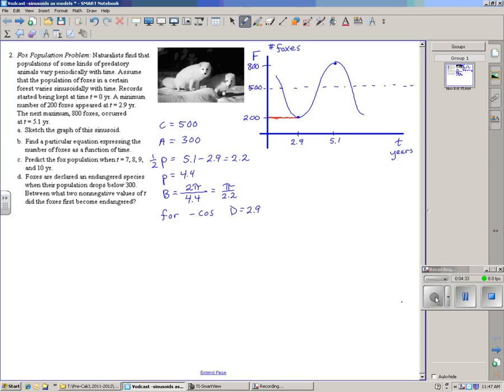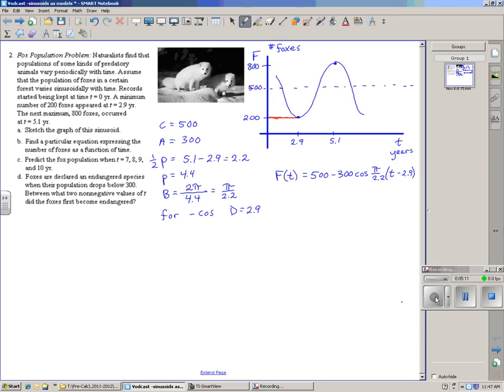Well, now I have all the information I need to write an equation for this situation, which is going to be foxes as a function of time in years is equal to 500 minus, because I'm using negative cosine, minus 300 cosine of pi over 2.2 times t minus 2.9.